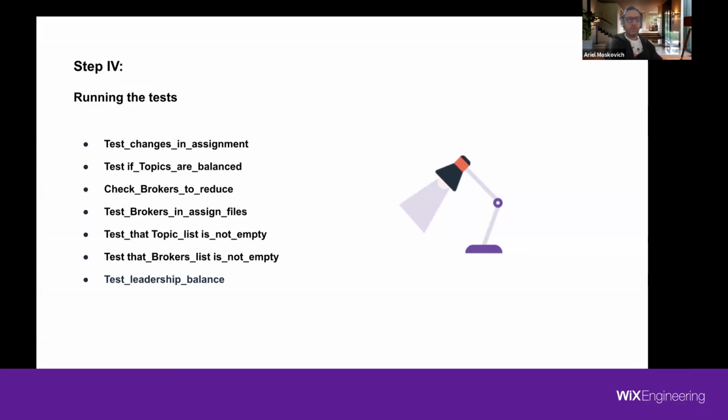We're checking that the topics are actually balanced by checking the partition count, testing that the leadership is balanced, checking that there are no rogue brokers that are not included in the state file, checking the topic, and some generic checks that we just run as unit tests.